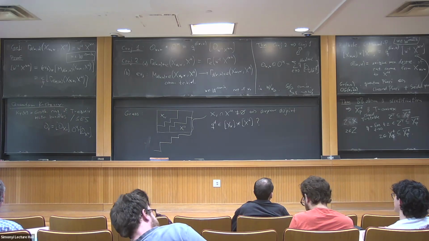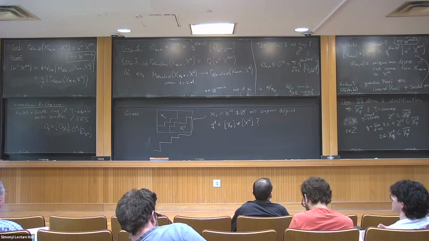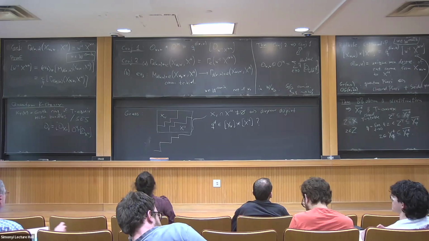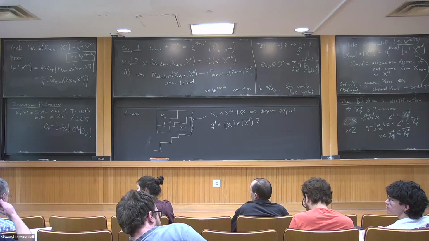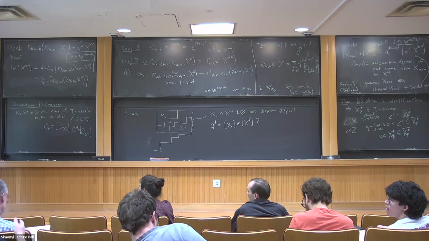And probably, I'm guessing that Chaput, Manivel and Perrin were the ones who related that fact to quantum cohomology, but Belkale must have related it also. I mean, it's the Seidel representation, which was seen by Seidel. It's supposed to be true for any variety.